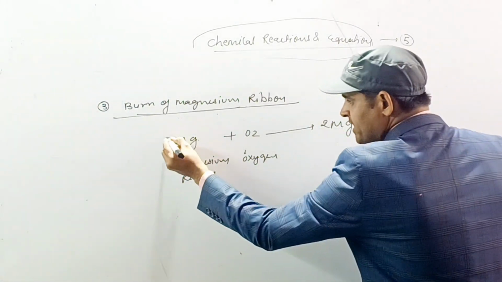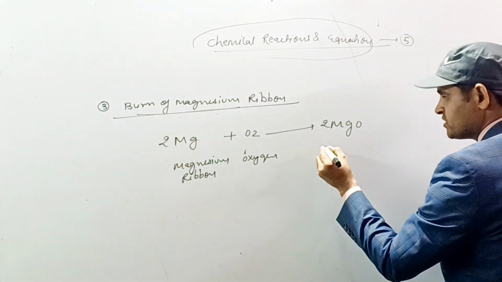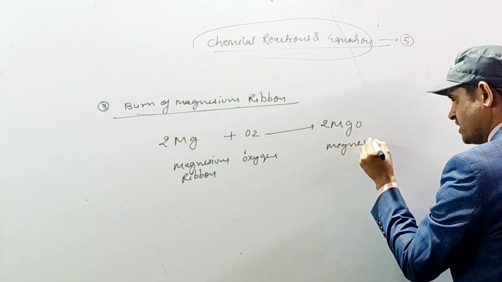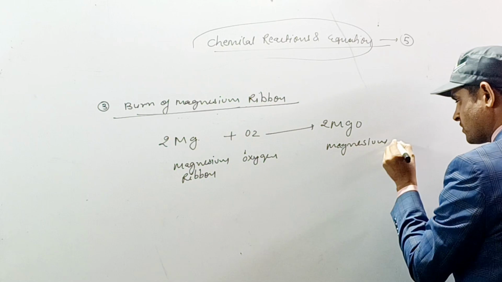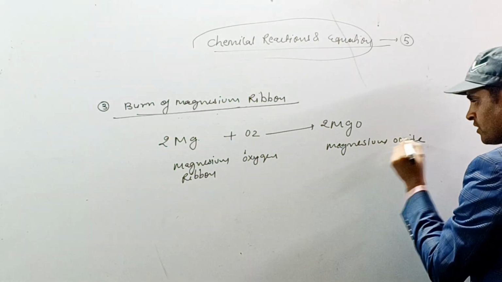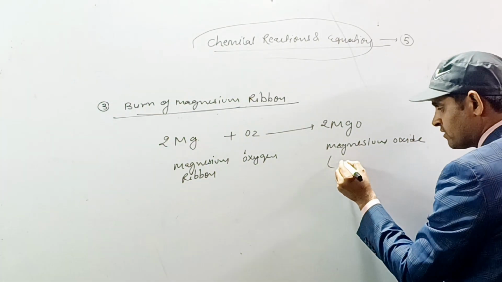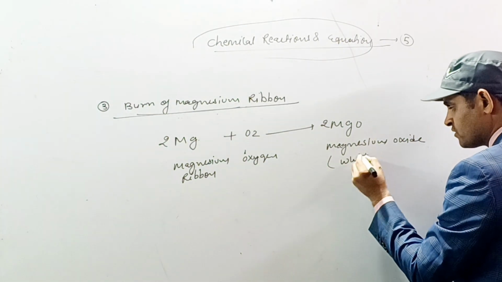Here is 2 and here is 2. This is magnesium oxide, a white powder.